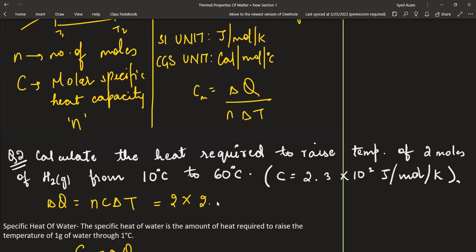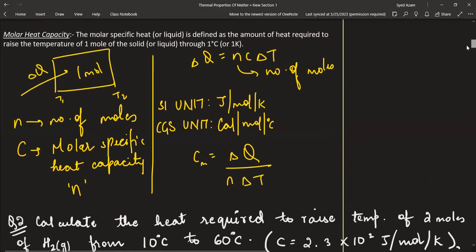C is given as 2.3 into 10 to the power 2. And the change in temperature is 60 minus 10, that is 50. 50 into 2 is 100. So it will be 2.3 into 10 to the power 4 joules. Okay. So this is about the mole.